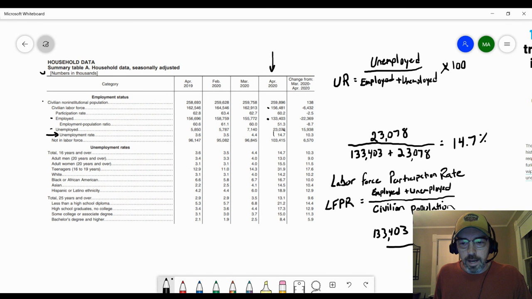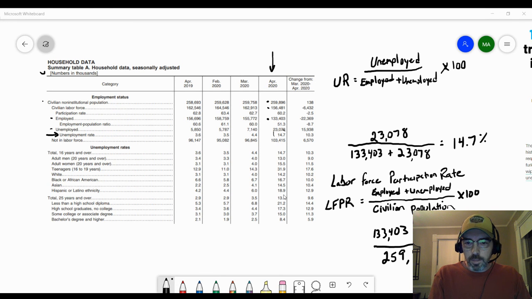And we want to divide it by the big number at the top, 259,896. And this is going to be a percentage as well, so I should have written this in up here, times 100. So this also is going to be times 100. So what is that going to equal? I'll grab my calculator here.